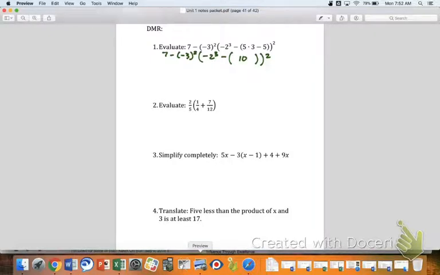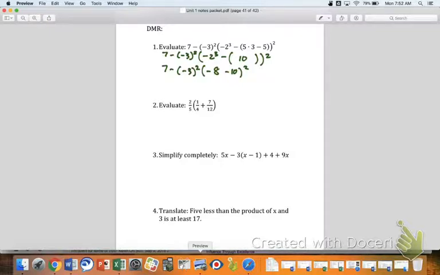And then I'll keep going because there's a lot more work to be done in the parentheses. So maybe for my next step, I would write 7 minus negative 3 squared. And then the negative of 2 cubed. You know what? I'll just go ahead and do that right now. What is the negative of 2 cubed? It's negative 8, right? So negative 8 minus 10 quantity squared. Ooh, these numbers do get kind of large, don't they? That's okay. It gets really big.